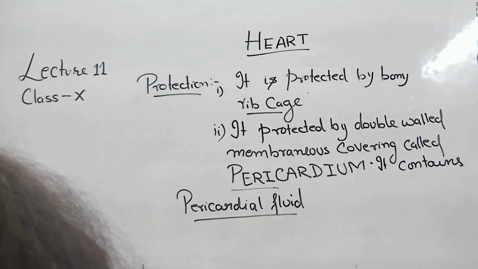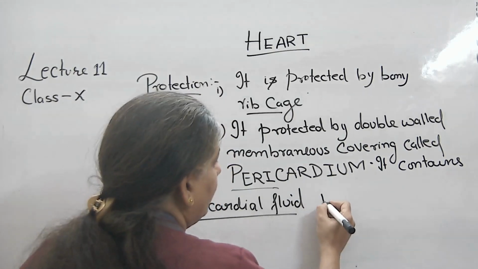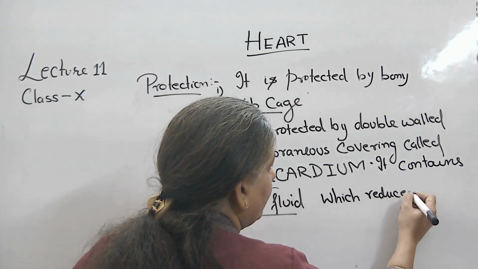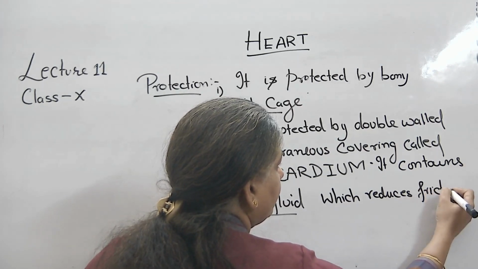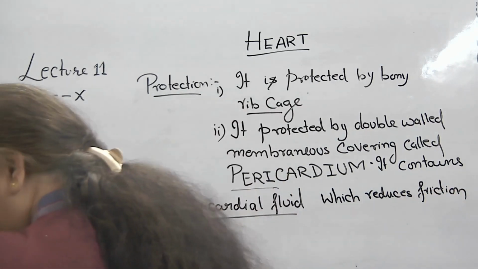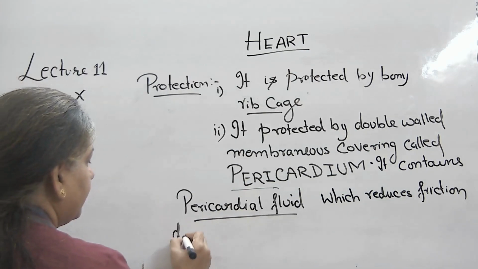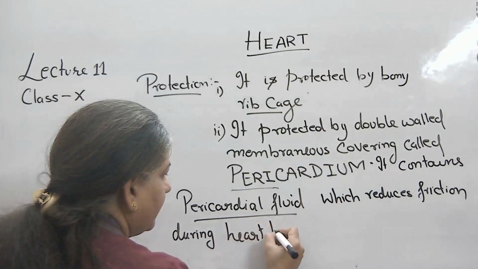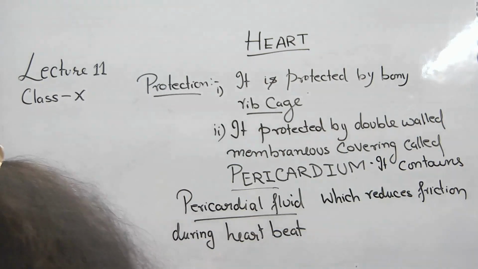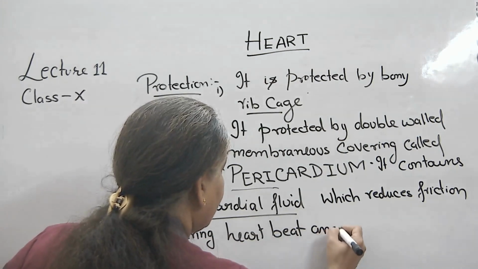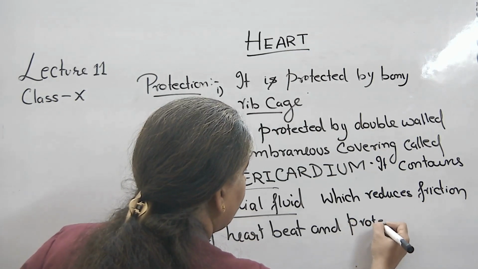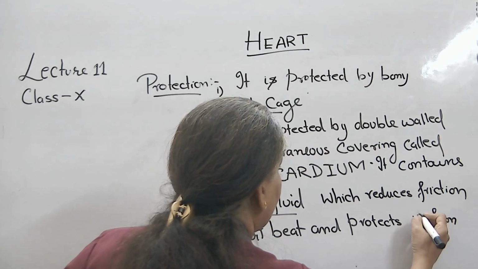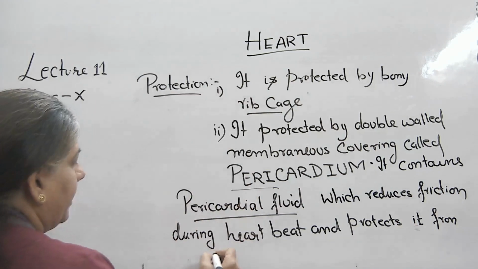So it contains pericardial fluid which reduces friction during heartbeat and protects it from mechanical injury.